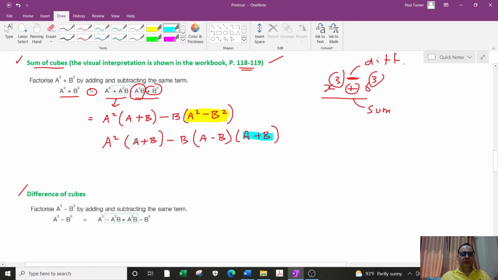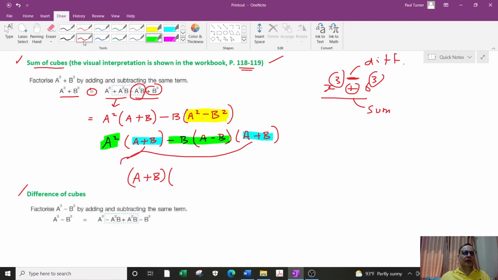There. And you will note now we have a plus b as a common factor. So this a plus b, we write in the front. What are you left with? We've got a squared and this part here. So we would have a squared minus b times a minus b times minus b is plus b squared.